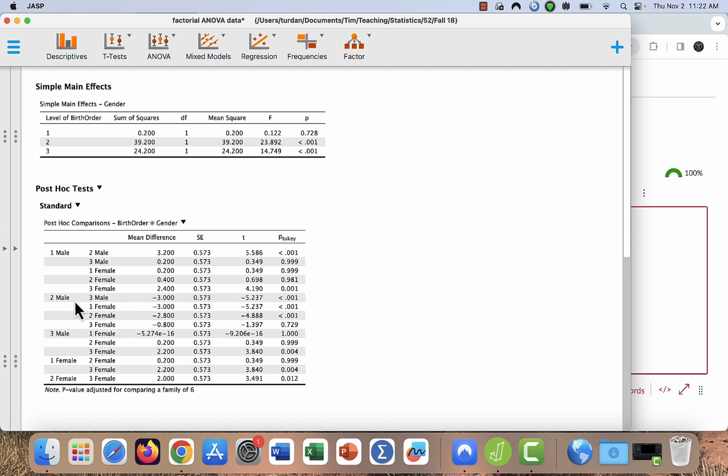So second-born males are significantly different from third-born males. They're also different from first-born females. So you can look there for each cell compared to each other cell. All right, that's enough. Gets a little deep, but that's how you run and interpret Factorial ANOVA output in JASP.